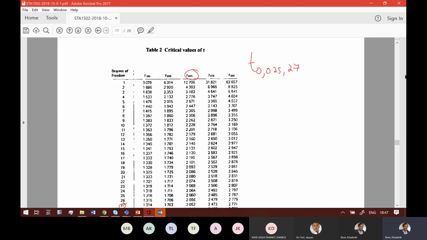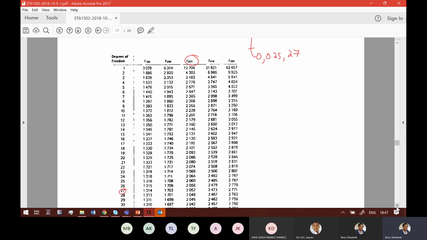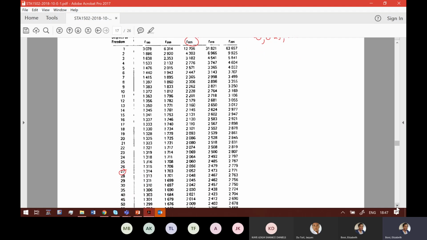Lucky enough, it's right at the bottom of the screen. So if I scroll up a little bit so that you can see, then we go there and we go there. And that is our critical value, which is 2,052.